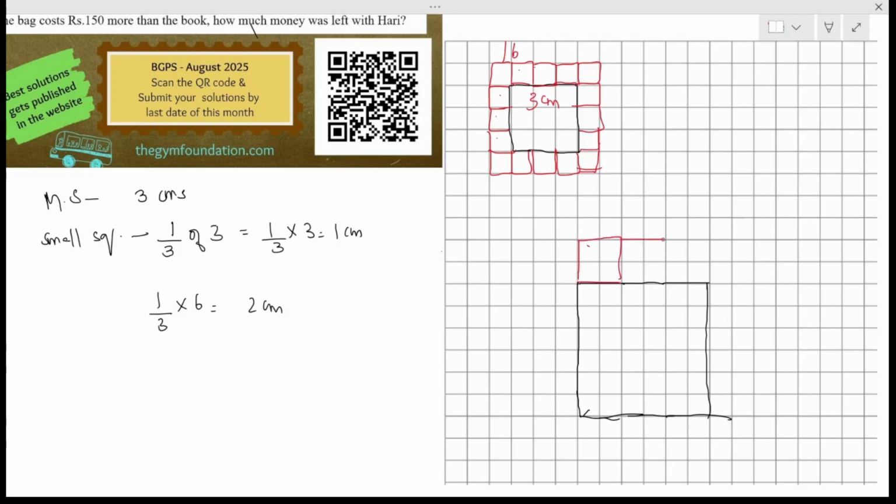So then I need to draw squares of 2 centimeter side length, right? Like this. So how many squares I would need is the question. And like I already mentioned and drew here, we should also include the last corner, only then it will form a square, right? Okay, so this is how it would be.